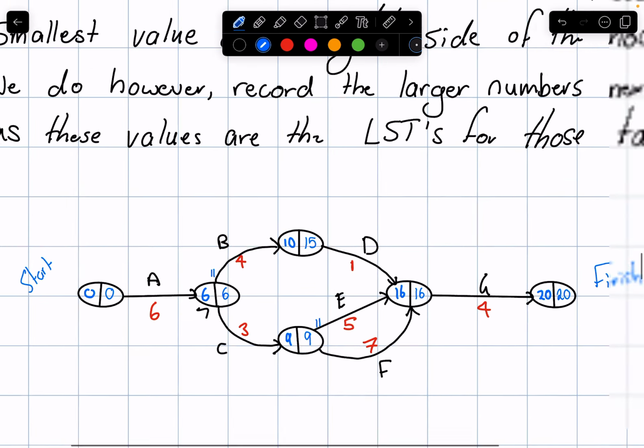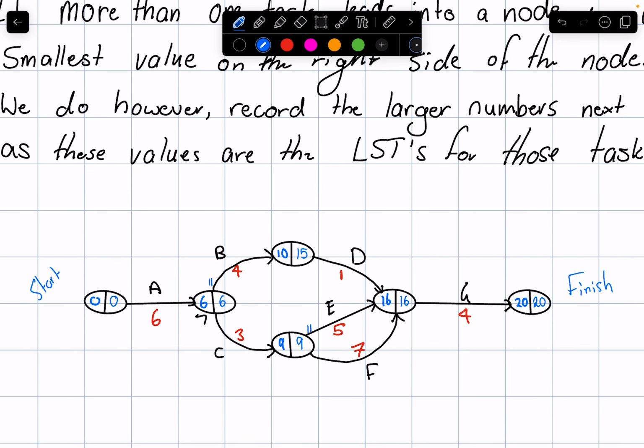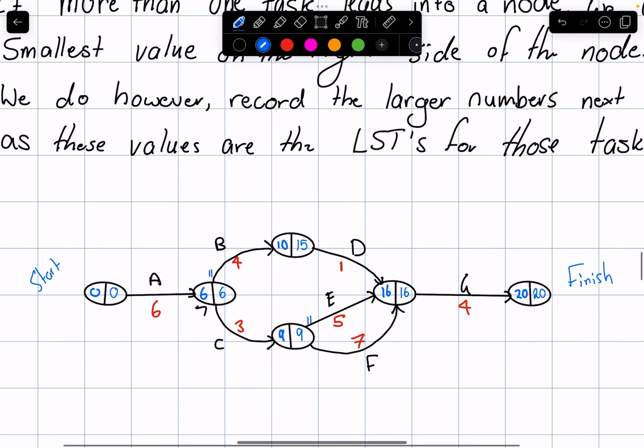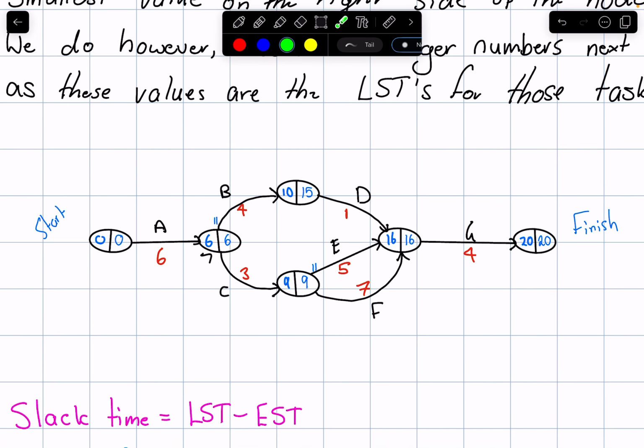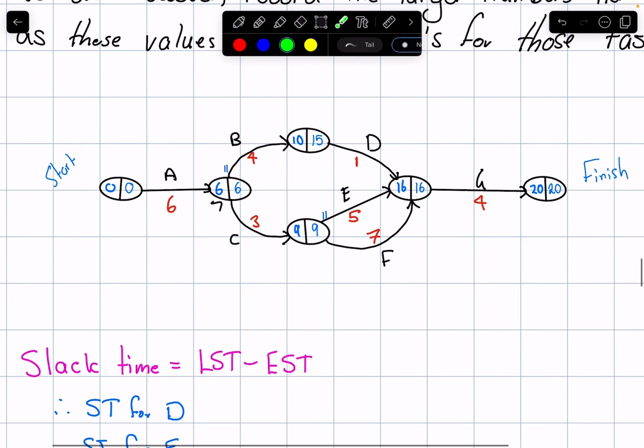So now we have completed our forward scan and our backward scan. Now I've mentioned the word slack time, and that's how much time I have to delay the task without affecting the overall completion time. The slack time of a task is the LST minus the EST at the beginning node of the task.